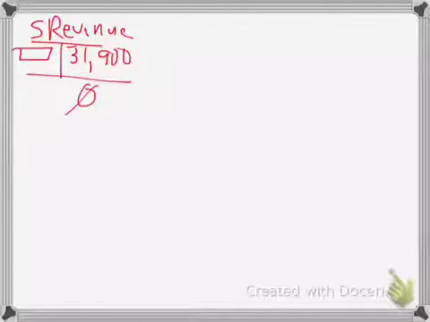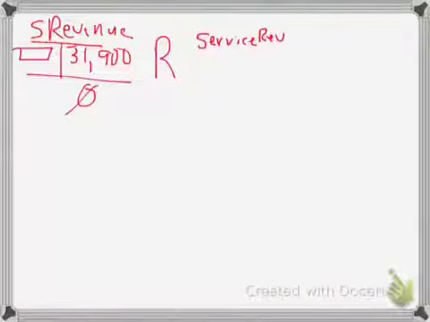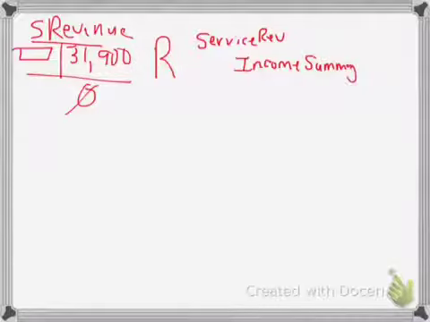And so in closing the R, which means revenues, I need to debit the service revenue account, and I need to credit a new account that we call income summary. That would be for that $31,900 for those debits and those credits.